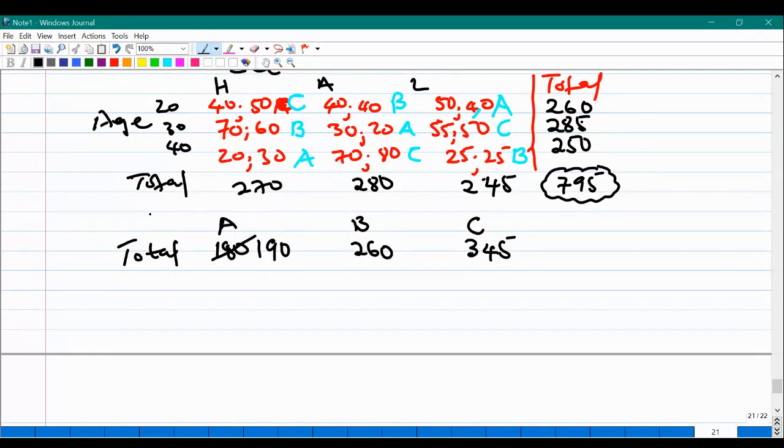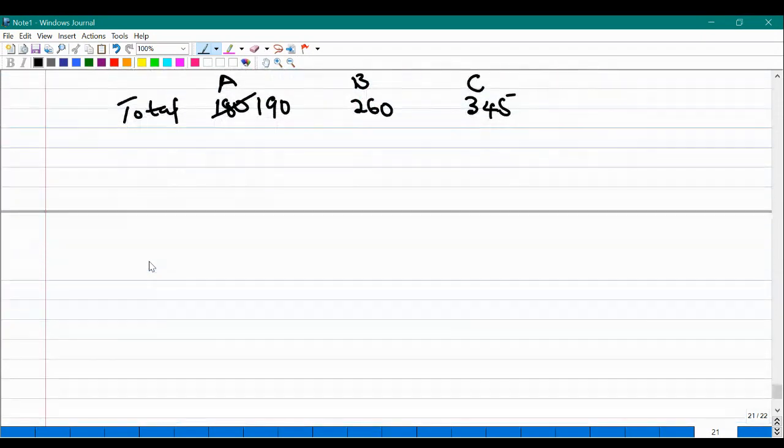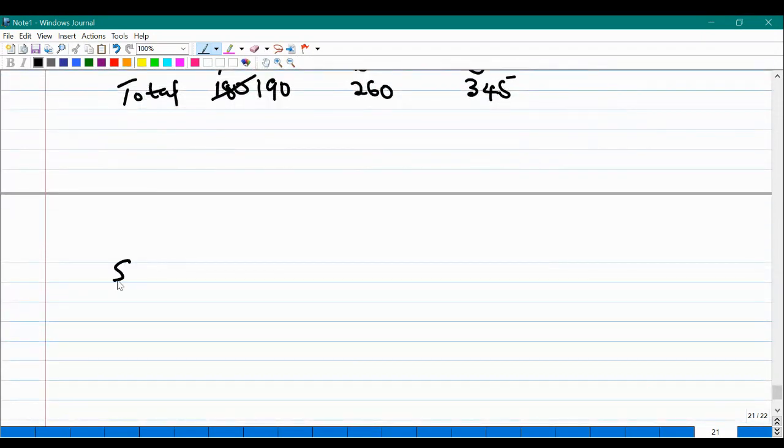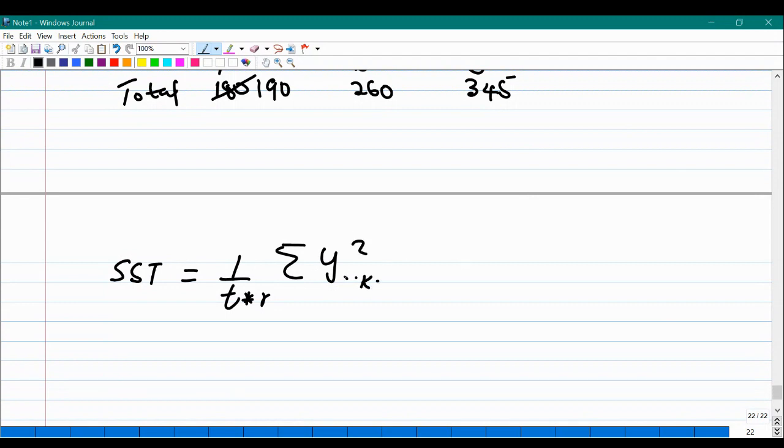Thank you, Mrs. Manga, for the values. So now, since we managed to come up with this summary, if we want to find SS treatment, because it is replicated, it will be given by 1 over T multiplied by R, by R, summation of Y dot K dot squared, isn't it?